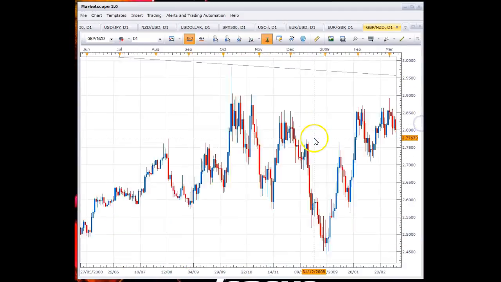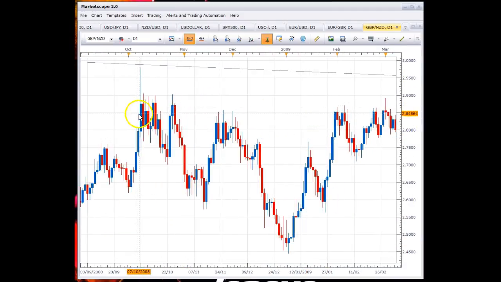So 2008, we bounced off it, and then we had a period. The close here was a 2.87. Let's say 290. So 290 was the resistance level, and it took a while for this to go back down, and came back up to 285.